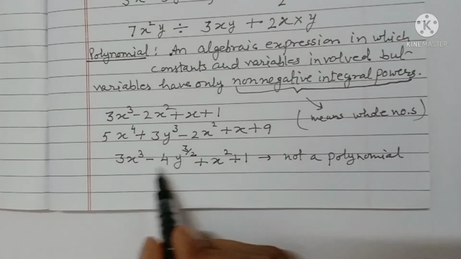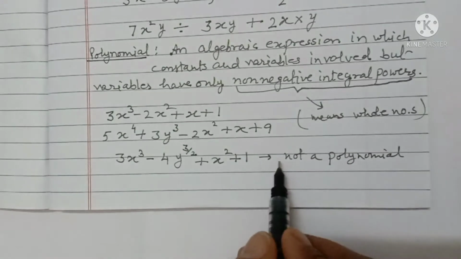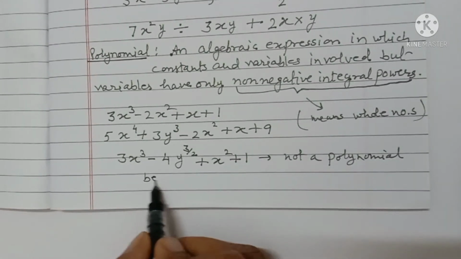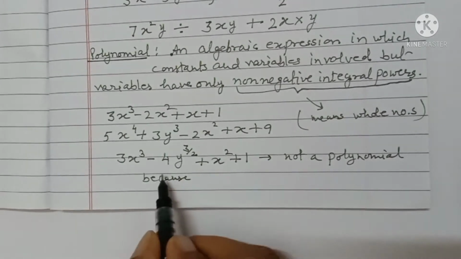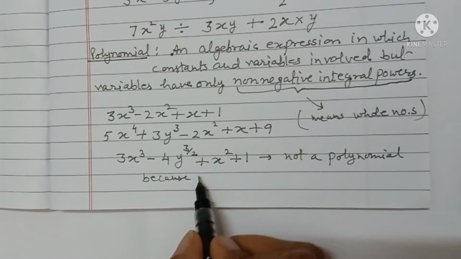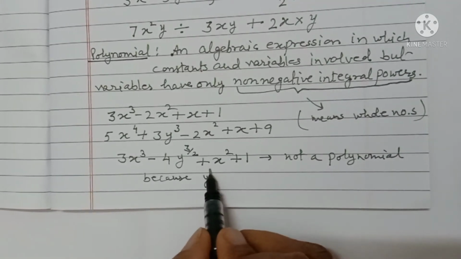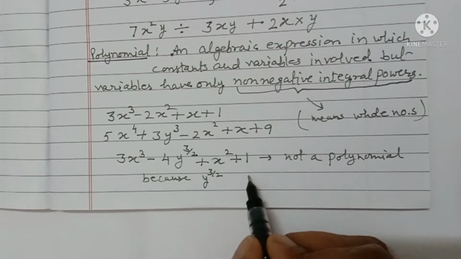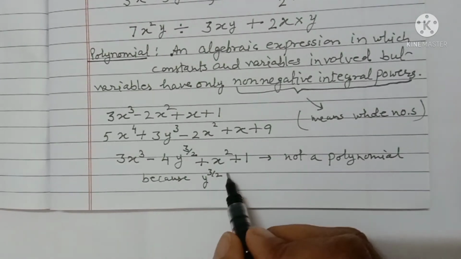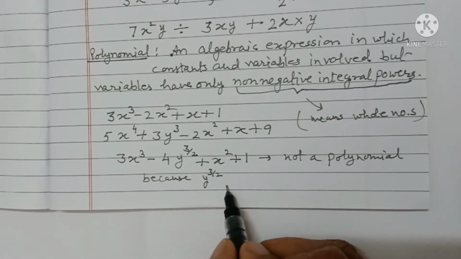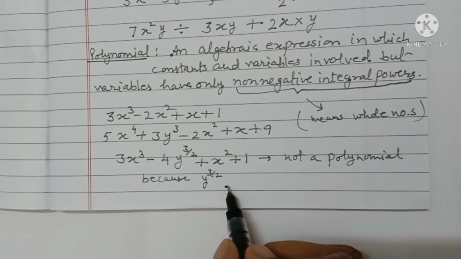Why is it not a polynomial? Because of the power of y, y to the power of 3 by 2.